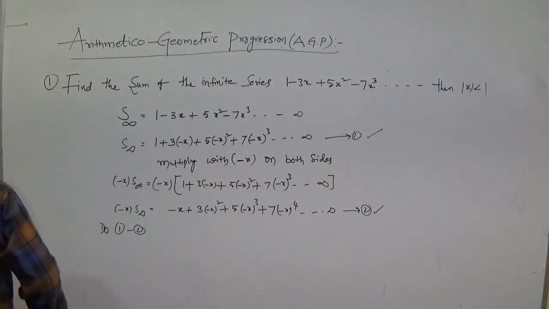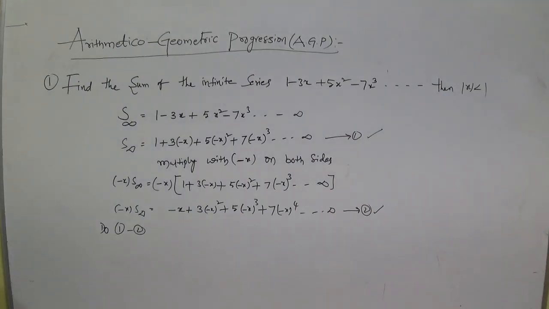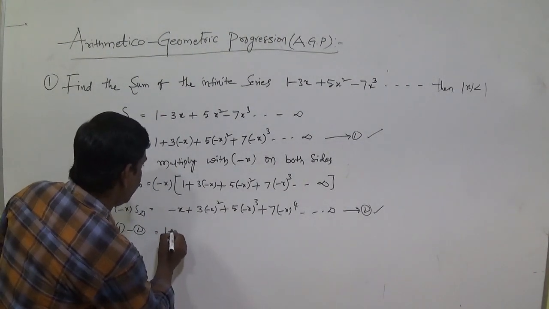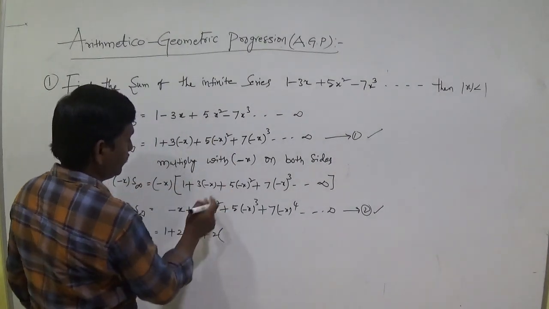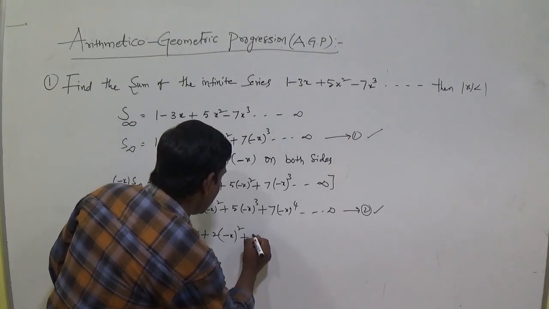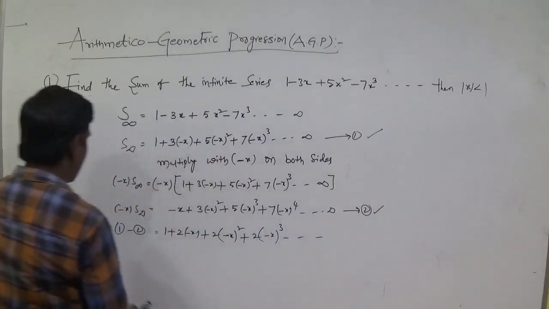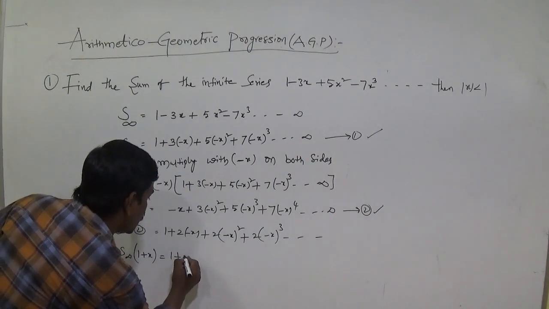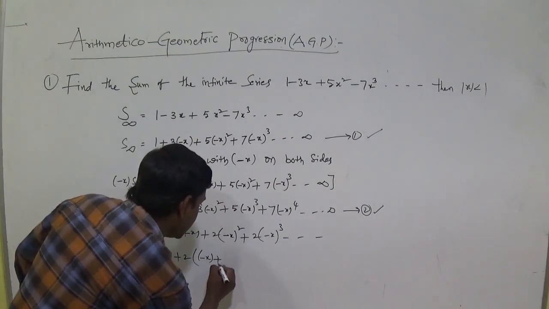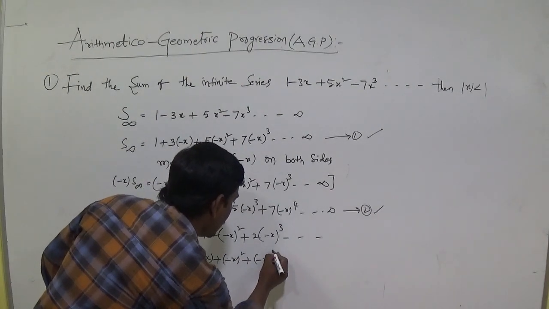So S infinity into 1 plus x equals 1 plus 2 into minus x plus 2 of minus x whole square plus 2 of minus x whole cube, and so on.